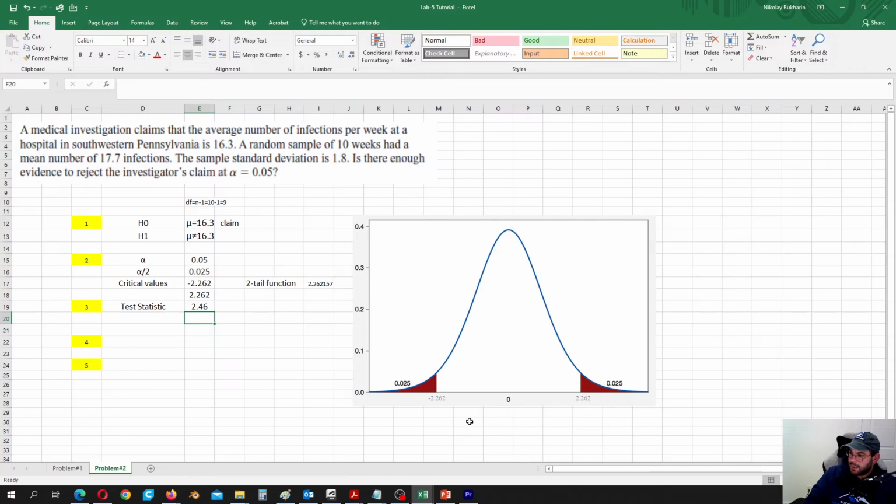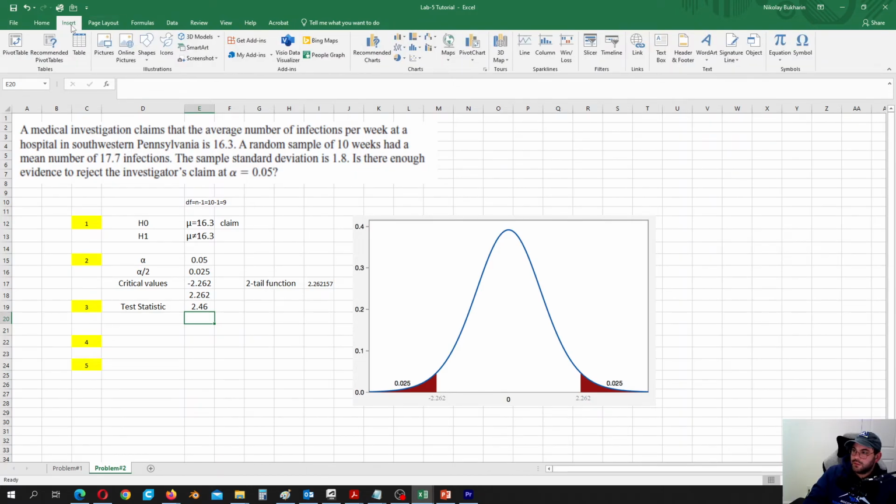2.46 is located right there, so it is within the critical region. And since we are in the critical region, we reject H0. So let's put this intermediate conclusion.